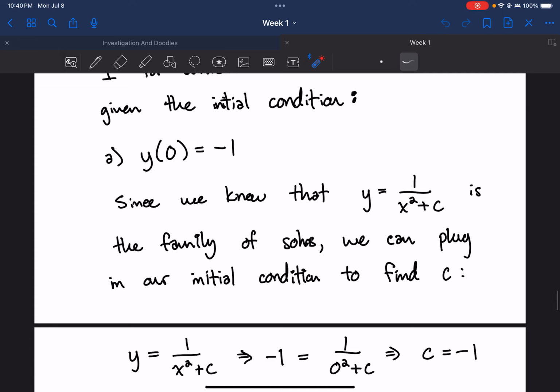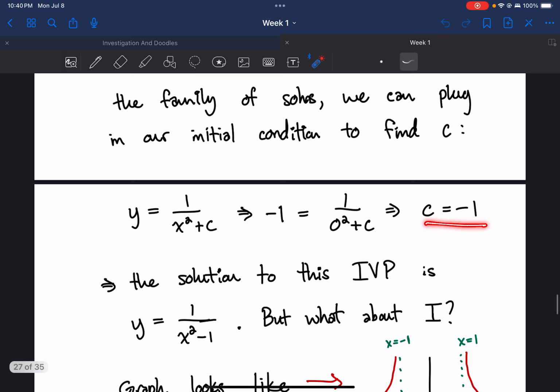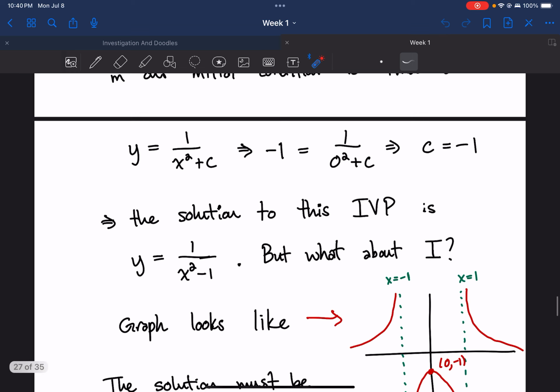Since we know that this is a solution, we can plug in this pair of points to evaluate c. And when you do that, you find out that c equals negative 1. Therefore, the solution to this initial value problem is y equals 1 over x squared minus 1.